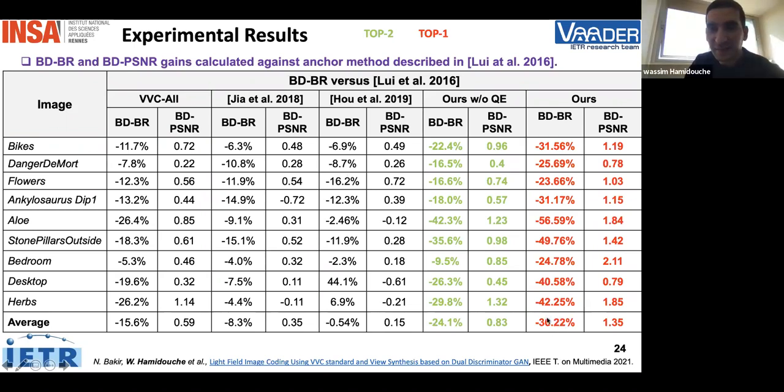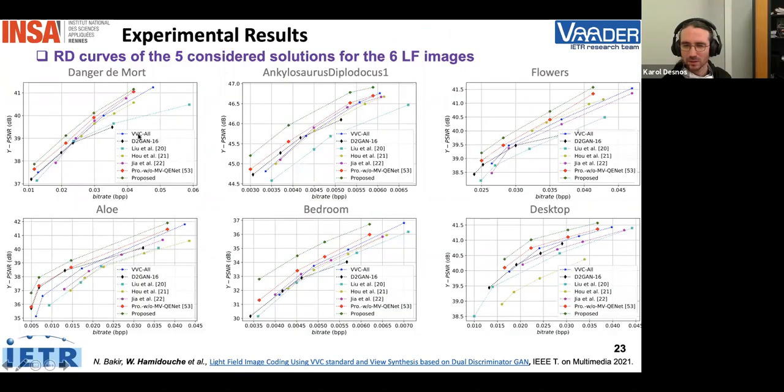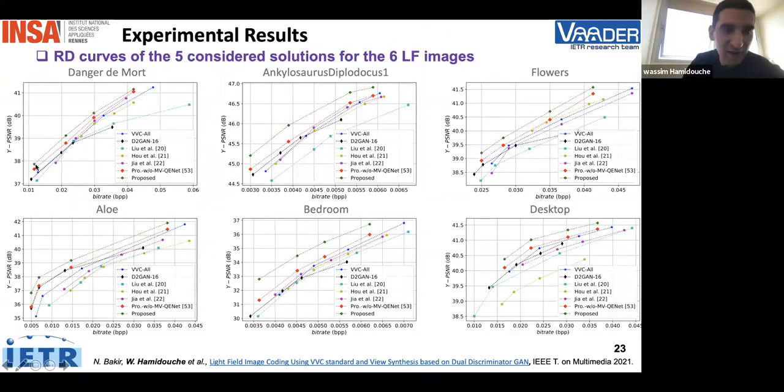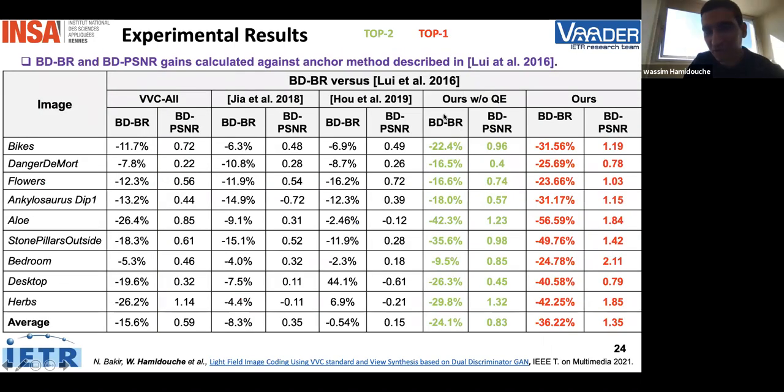Actually here, when we talk about bitrate, yes, we take the area under the curves. For example, if you want to compare this solution in green with this solution in blue, we take the area between these two curves. So even if the results are given in terms of rate or PSNR, in this number we consider both the rate and the distortion.